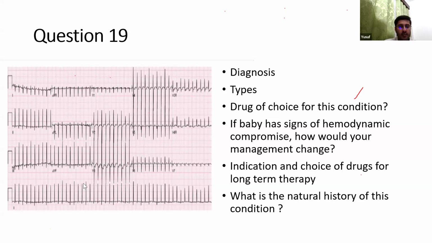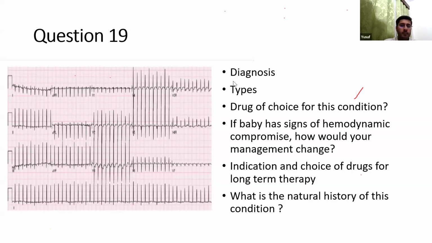So basically in the ECG, one thing we can see upfront is that there is tachycardia. Second important thing we can see is that the QRS complexes are narrow. So we come into the realm of narrow complex QRS tachycardia. Then we are not able to discern the P waves. So this is basically a narrow complex supraventricular tachycardia.